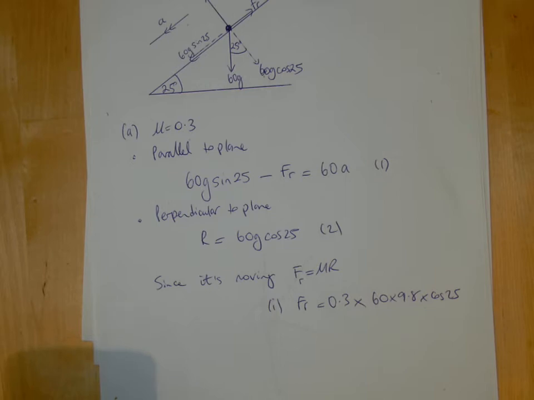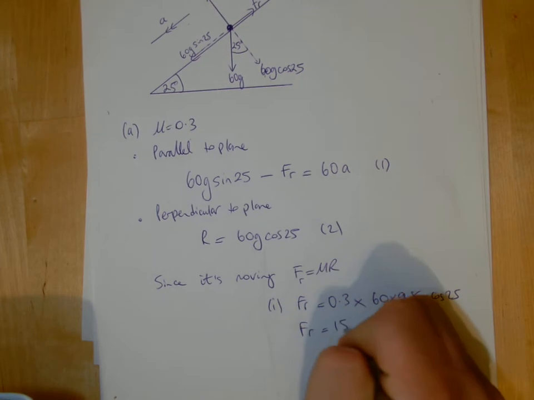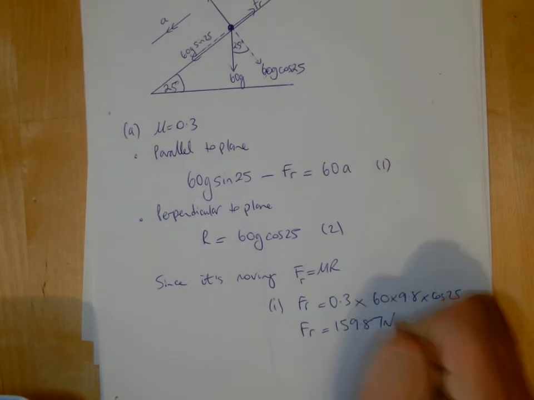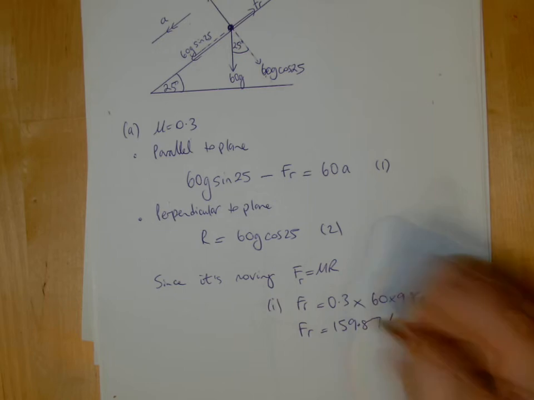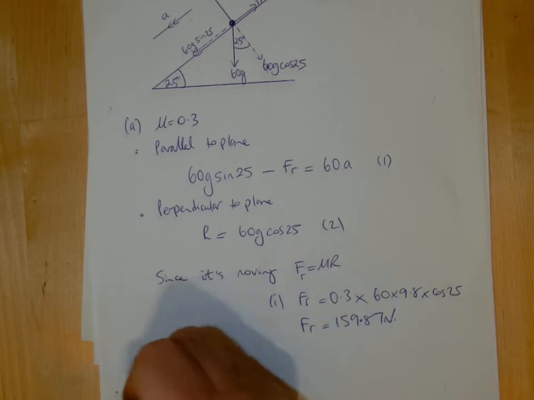On my calculator, working that out, I get 159.87 newtons. That's the frictional force, and we can use that to get the acceleration for part 2.